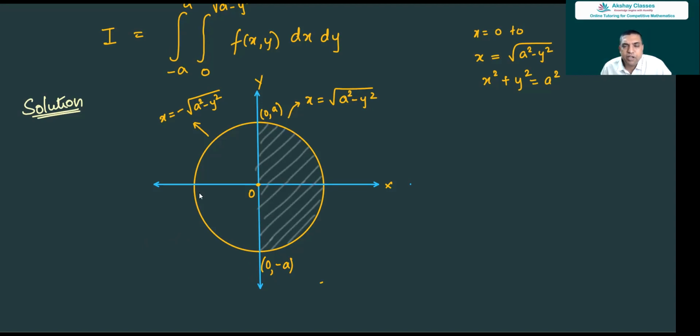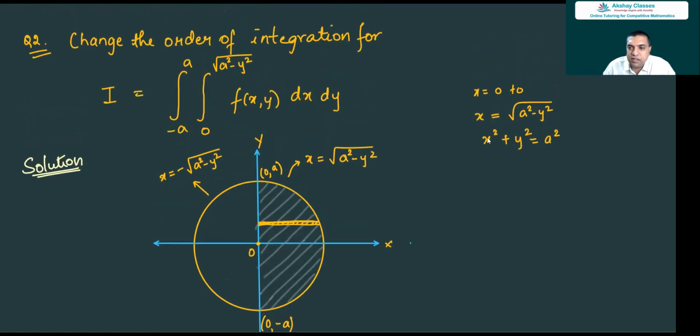So now what have we done? The existing integral is along the horizontal strip. We are keeping y constant and integrating with respect to x, where x varies from 0 to under root of a square minus y square.